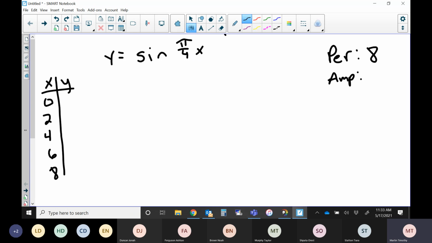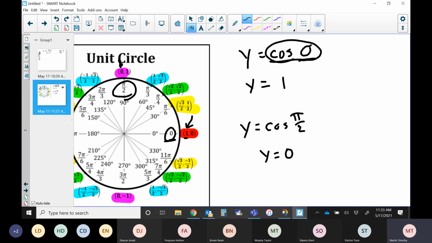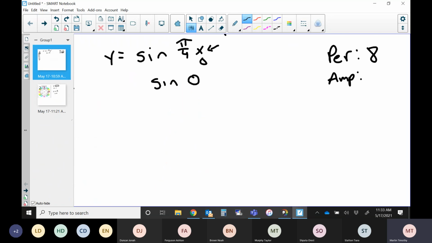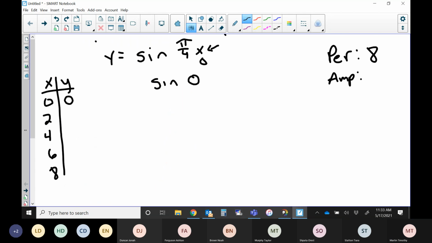So I'm going to go, okay, if I put a 0 in for x, what's 0 times pi over 4 is 0. So I'm looking for sine of 0. Now we've changed this. Sine is the y. So 0 would be my output. So I'd put a 0 here. Remember, it's going to be the same ordered pairs because you're still using just a little different. Maybe your x's are different, but your outputs are going to be kind of similar.